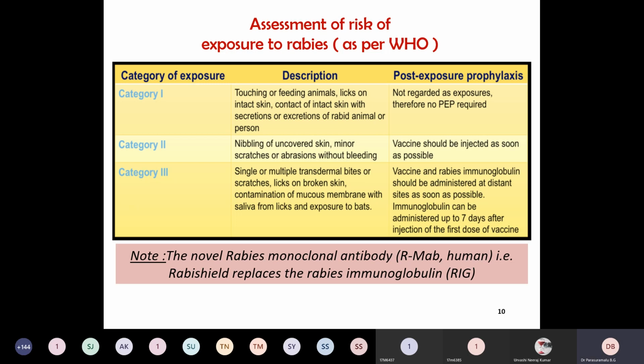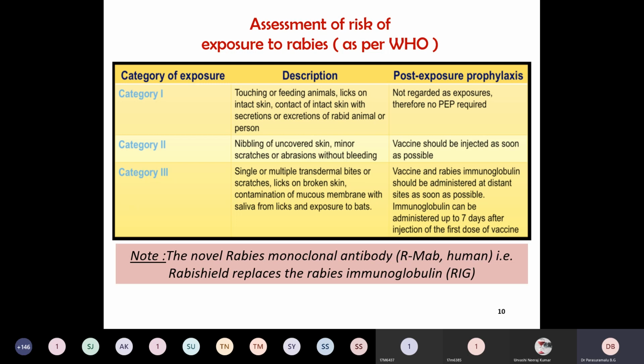Now, regarding the epidemiology of rabies, globally about 60,000 human rabies deaths are reported annually. India alone reports about 20,000, that is, one third of these deaths annually, which works out to about 2 deaths per hour.